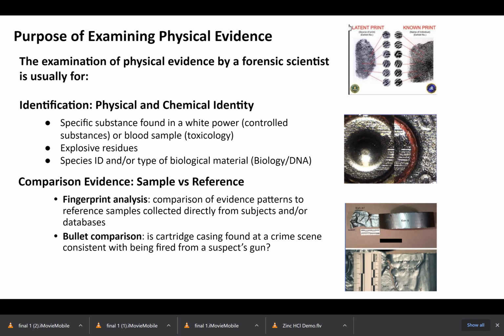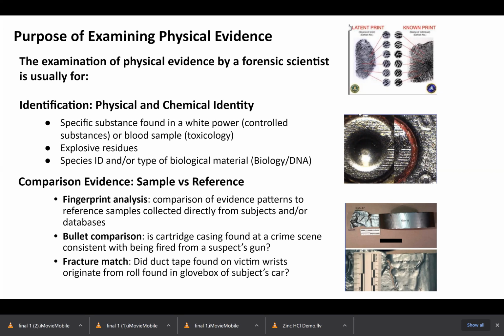So we have to find the gun or have it in a database, the bullet in the database. A fracture match: did duct tape found on a victim's wrists originate from a roll found in the glove box of a suspect's car? So you have to compare the two things to determine if it is likely to be a match. So again, we have chemical and physical identity and a comparison.